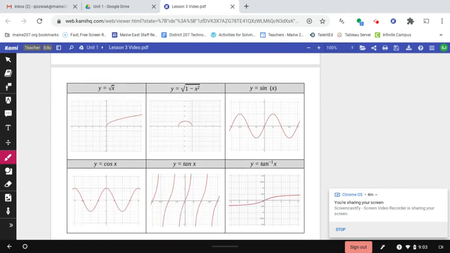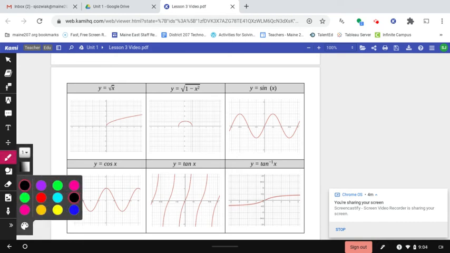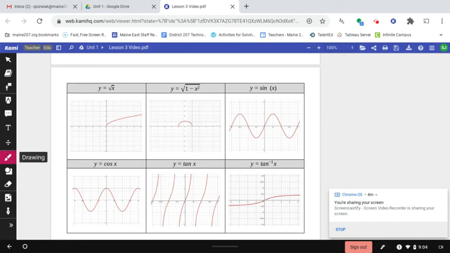On this next page here, the next thing I really want to point out to you guys is this graph in the middle. We've got y equals the square root of 1 minus x squared, and you'll notice it's this little semicircle. So I want to take just some quick notes about this. So let's take a look at this.